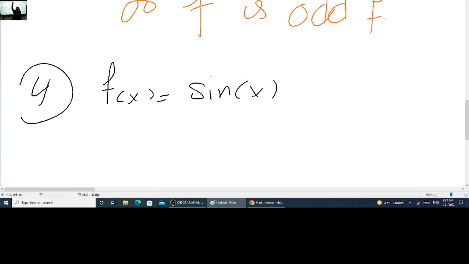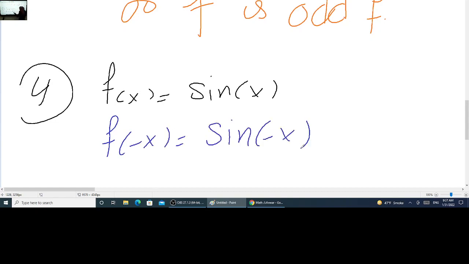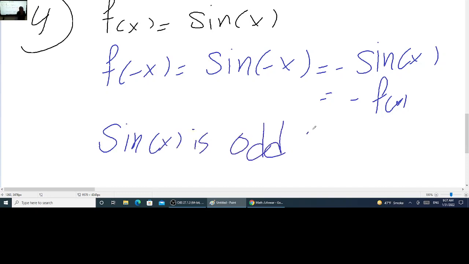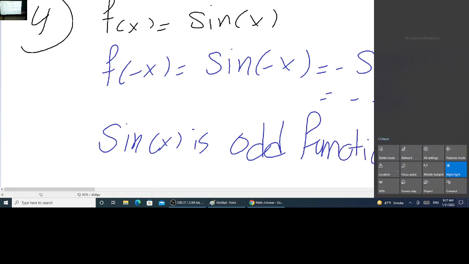Take f of negative x, which equals sine of negative x, and this is an identity: it equals negative sine x, which is negative f of x. So sine x is an odd function. Okay, sine x is an odd function.